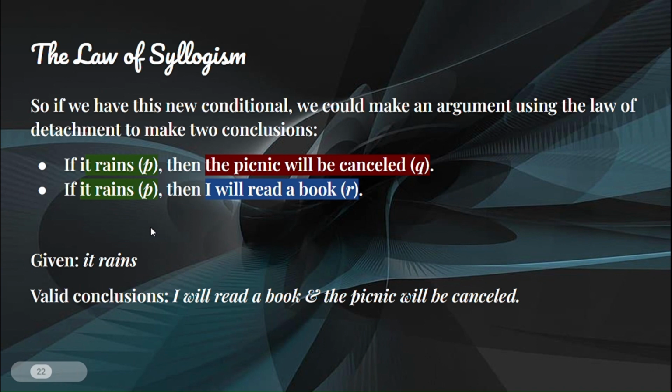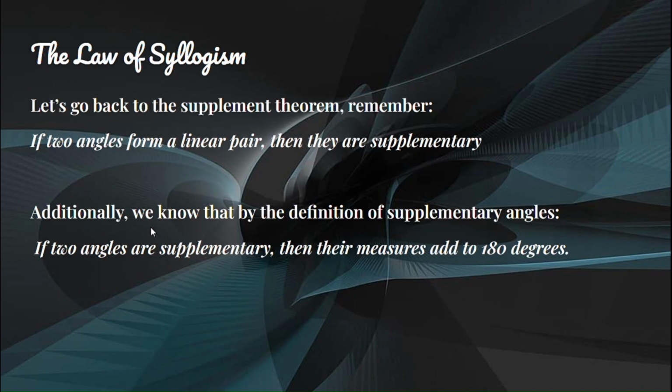Okay, so now let's relate that back to our geometry and to our theorems. The supplement theorem, remember, was if two angles form a linear pair, then they are supplementary. And then the definition of supplementary angles is that they're 180 when we add them together. So I wrote this as a conditional statement: if two angles are supplementary, then their measures add to 180 degrees.